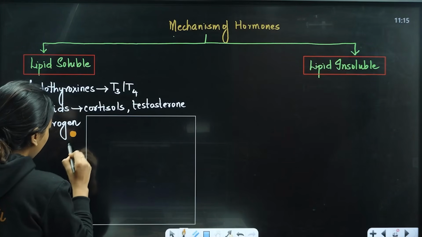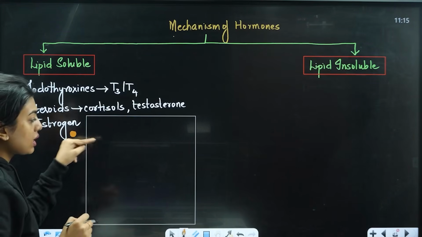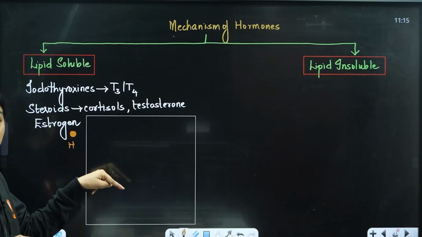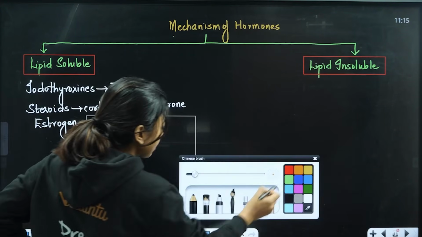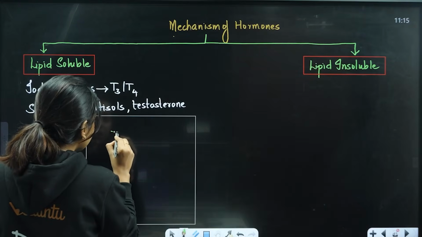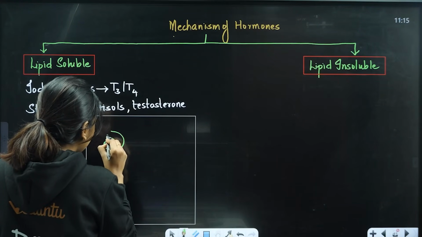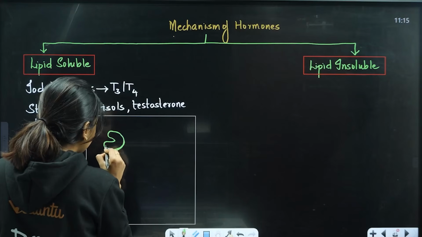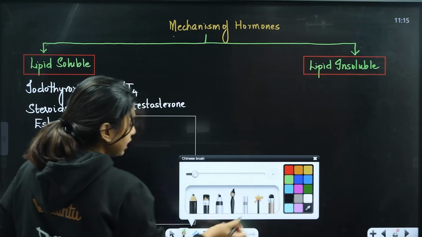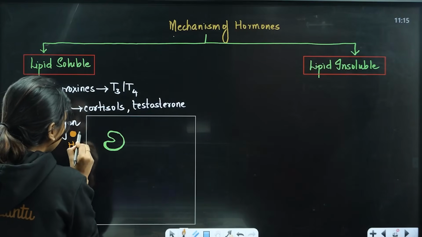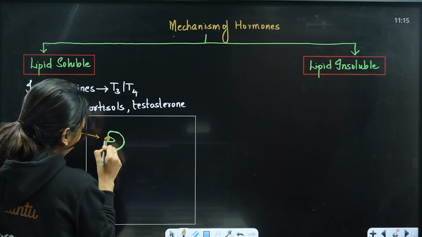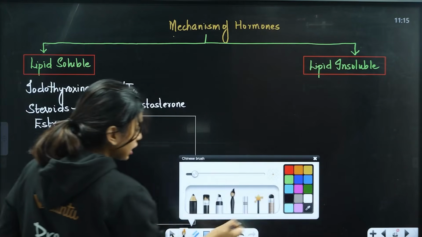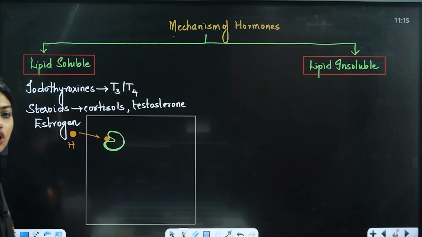The hormone has to enter inside, so this one will directly go inside, and a receptor will be waiting. This is the receptor. So the hormone can enter through the lipid layer, it will bind with the receptor to form the hormone receptor complex, and automatically it can start the physiological response.